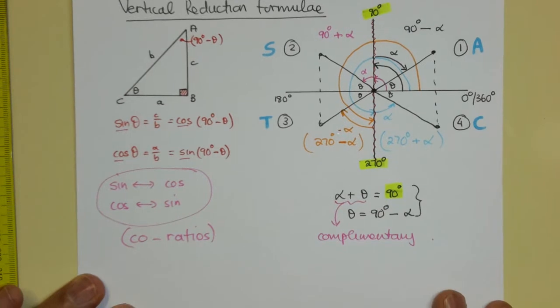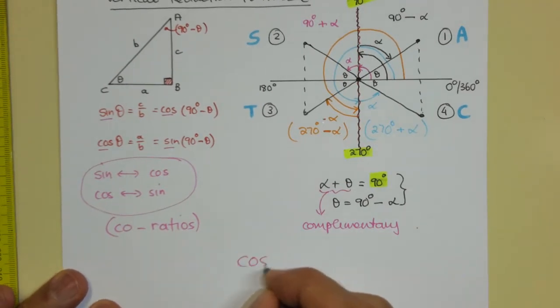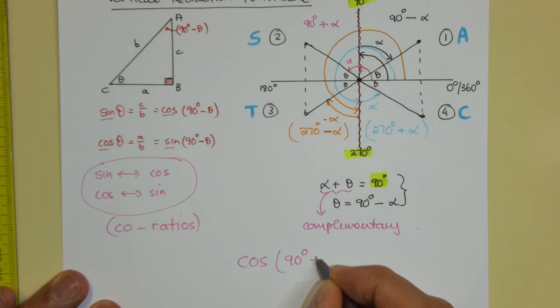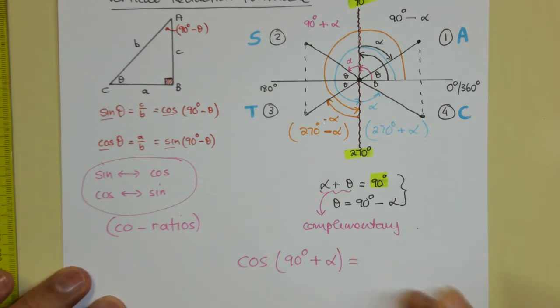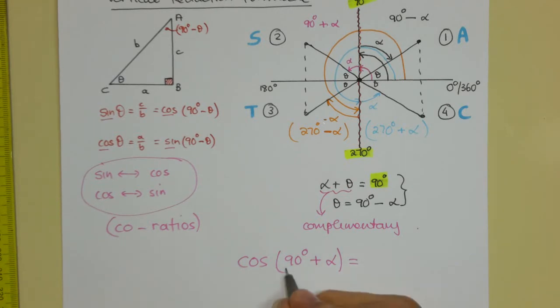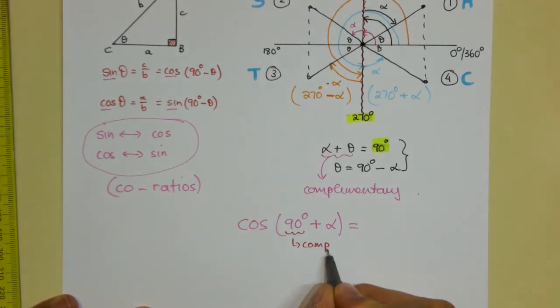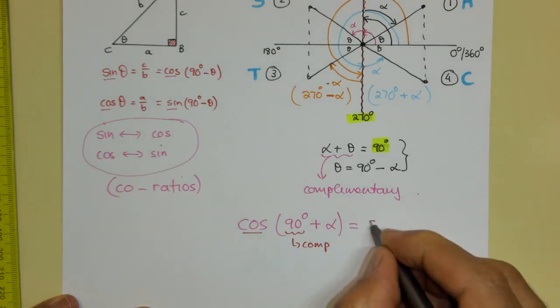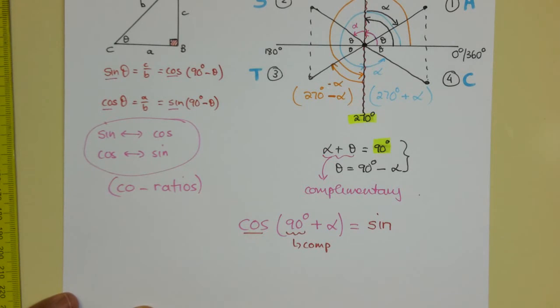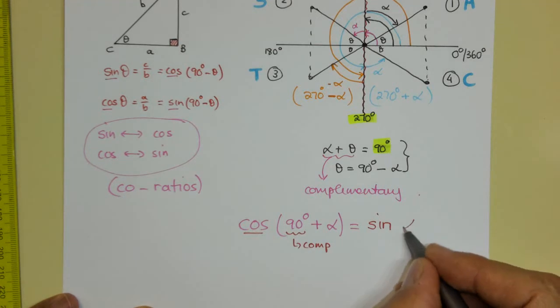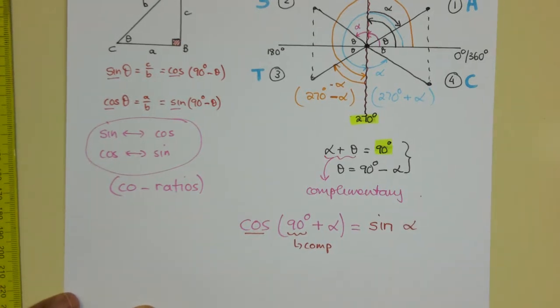So if I start talking about the cosine of 90 degrees plus alpha, I need to acknowledge the fact that there's a complementary angle involved in this. Because there's a complementary angle involved, we need to change this to its complementary ratio. Then the cosine of 90 degrees plus alpha will be the sine of alpha, first of all.